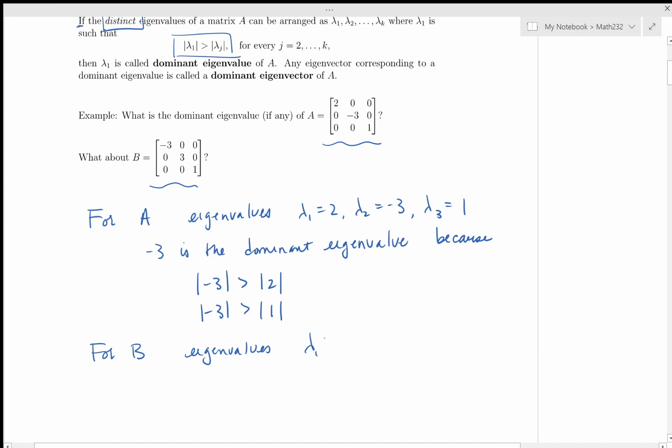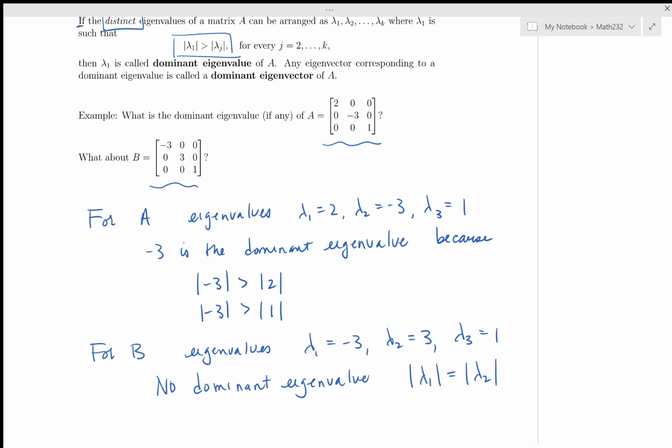We've got 3 eigenvalues, there they are, and there is no dominant eigenvalue. There isn't one in absolute value bigger than all the other ones, because the absolute value of lambda 1 is equal to the absolute value of lambda 2. So we do not have a dominant eigenvalue.